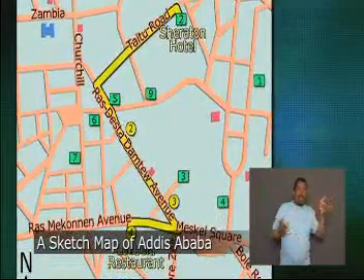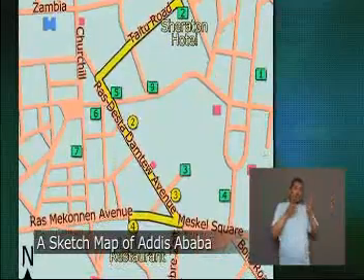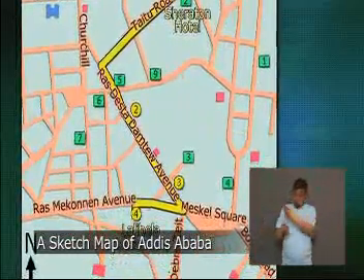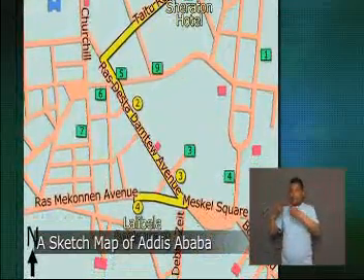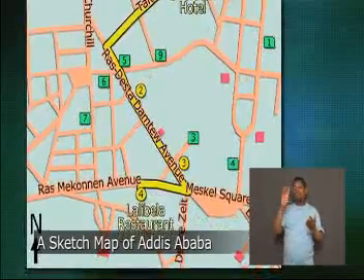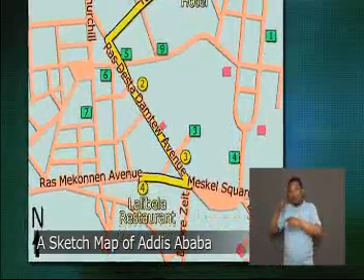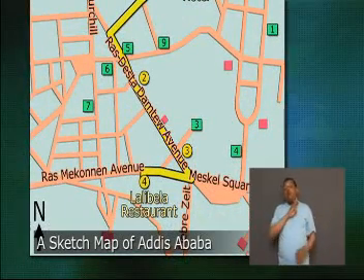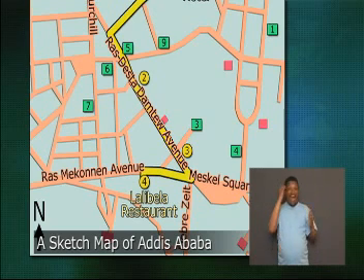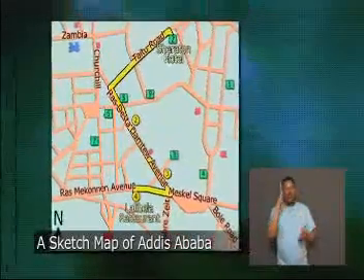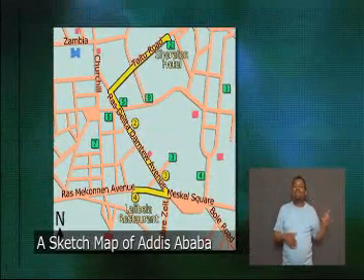Turn left onto this avenue and travel southeast. Turn right at the intersection where Ras Desta Damtu becomes Debre Zeit. Now you are traveling west on Ras Mikonnen Avenue, and Lalibela restaurant will be on your left.